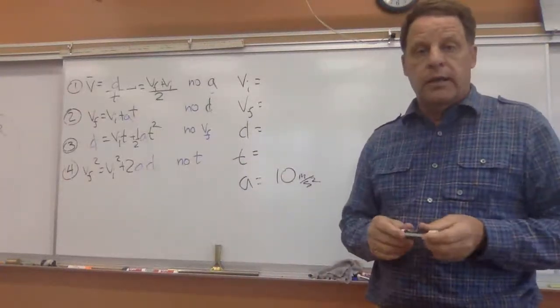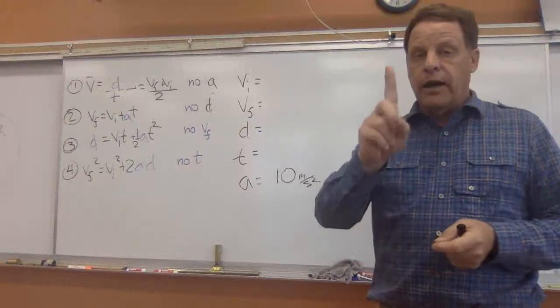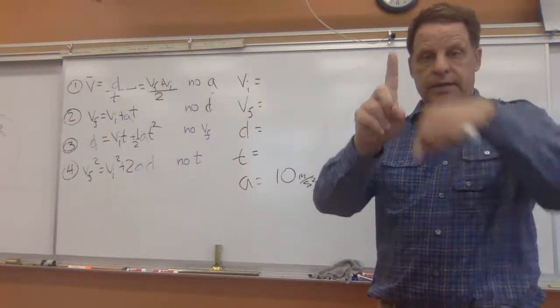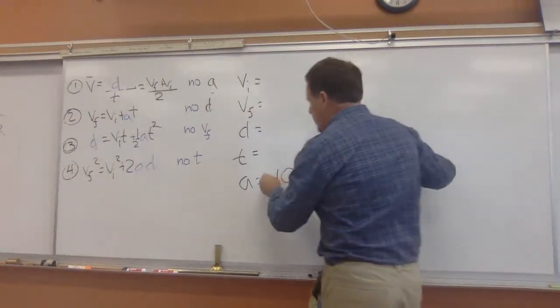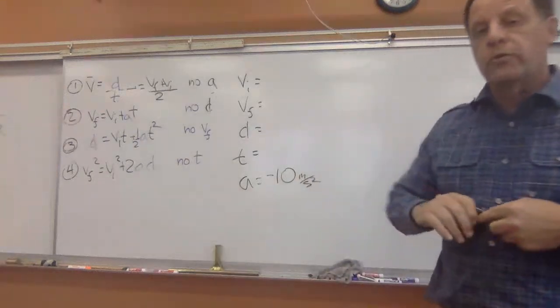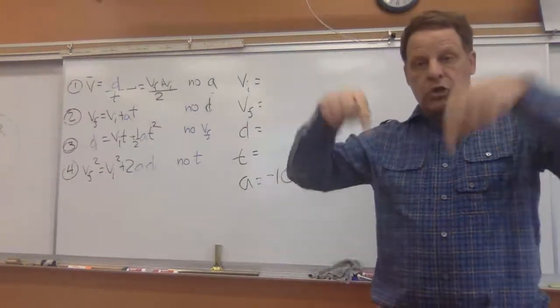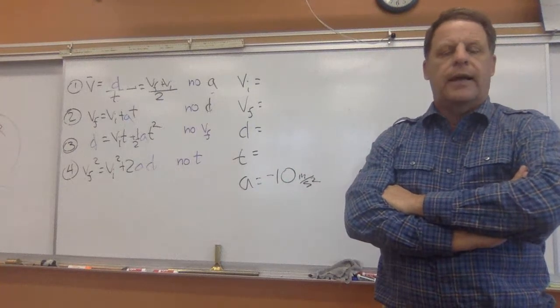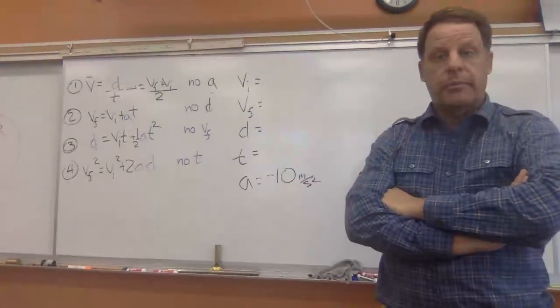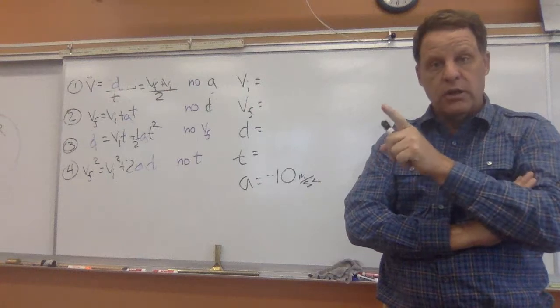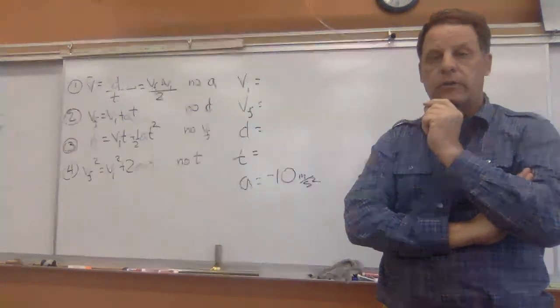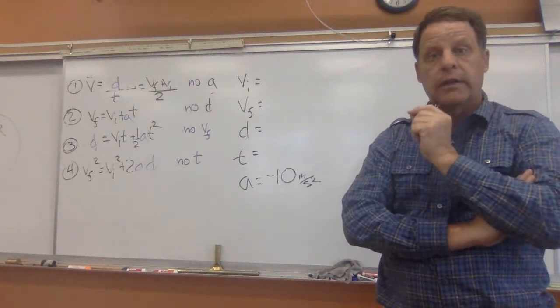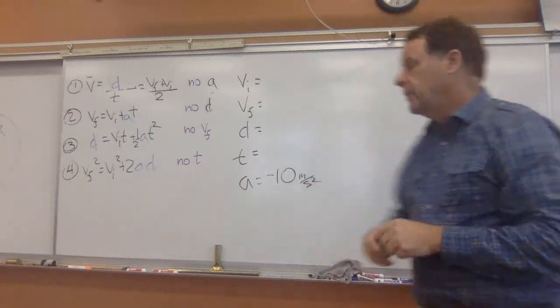Now, is that positive or negative? If I say up is positive, then down is going to be negative 10 meters per second squared. Although we could say down was positive, when it comes to the quiz, I'm going to say up is positive. So you got to pay attention to the signs in this part of the problem.